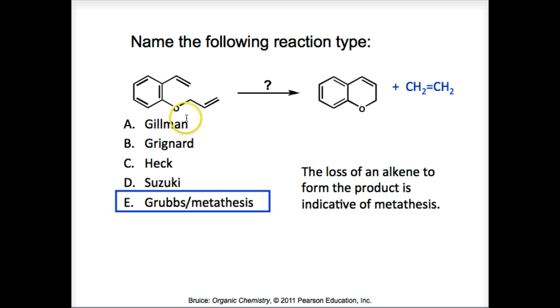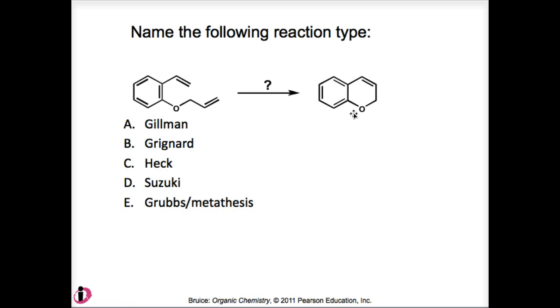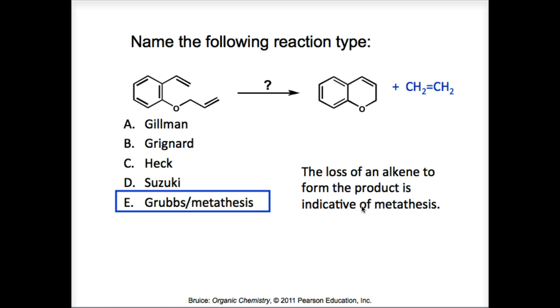But if you look at this starting material and the product, you realize that there is the need for a 2-carbon segment, because if you gain a bond here, we still have these 2 carbons to deal with, and you would know that it is the ethene that would tell us that it must be the metathesis reaction. Gilman, the Grignard, Heck, and Suzuki would result in a different kind of product. All right, so there it is.